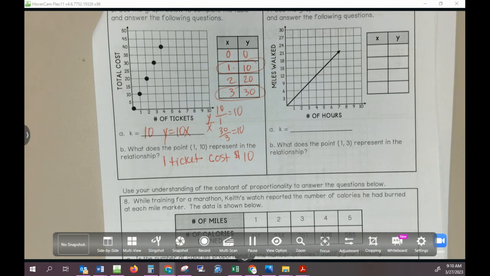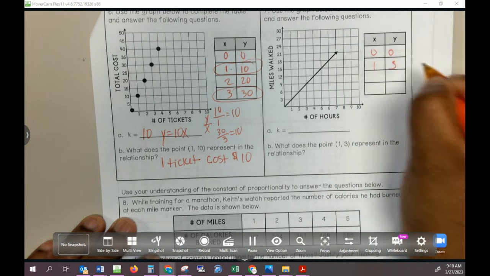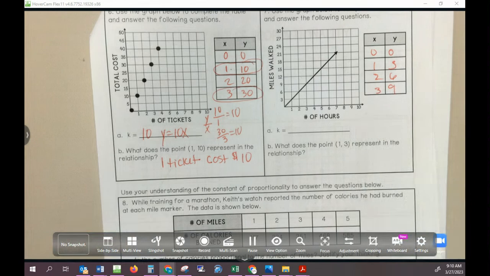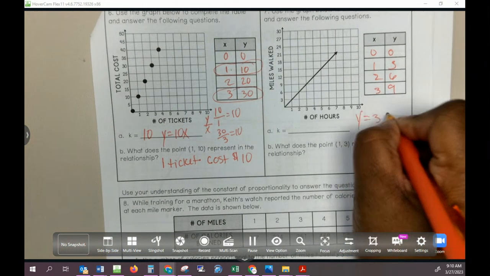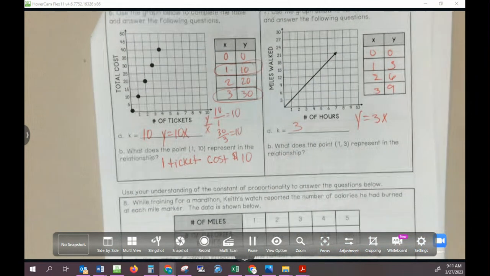All right, I see quite a few stop writing. Can you go ahead and share out for us? So y equals 3x. Awesome. So 3 is our k. And what did you write as your relationship?